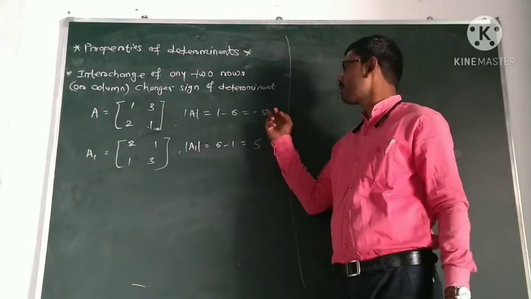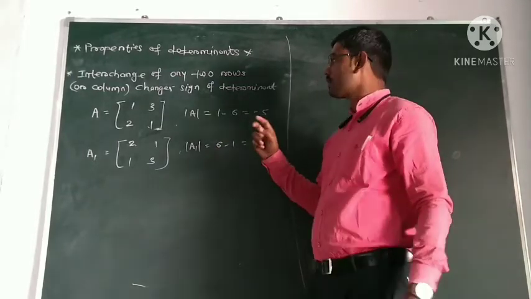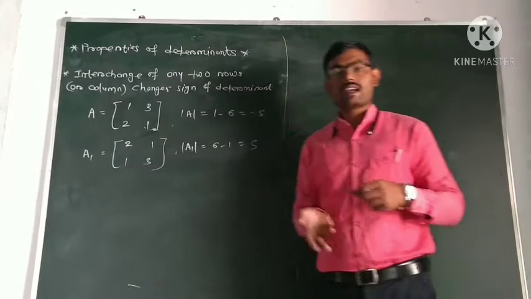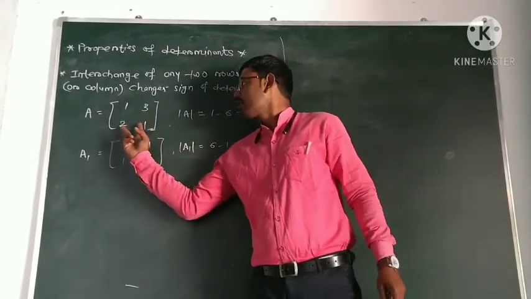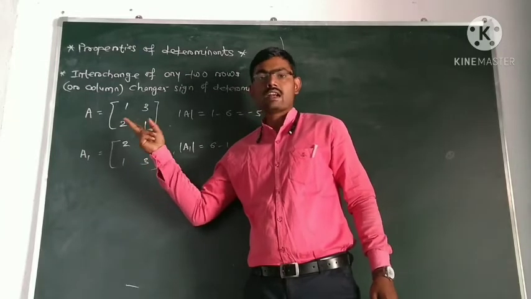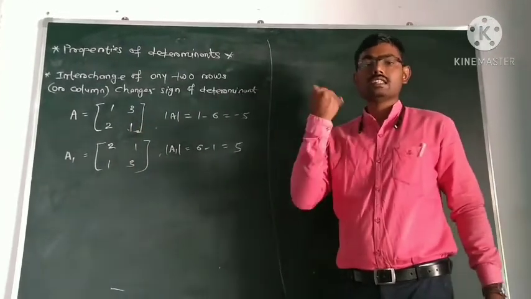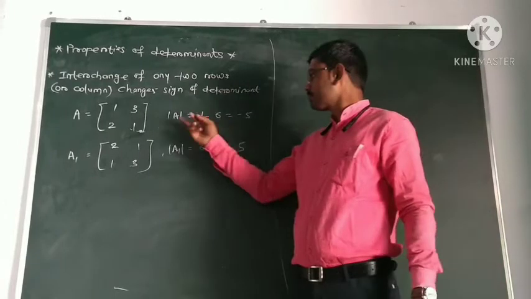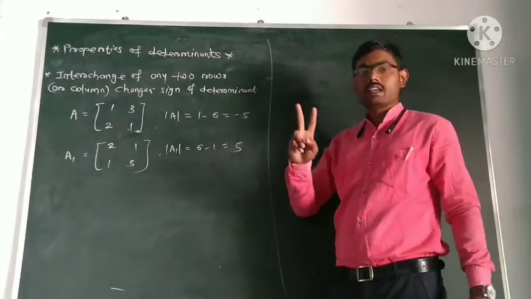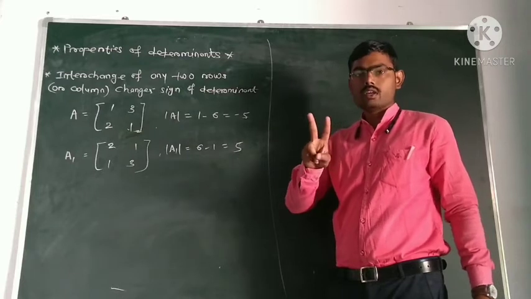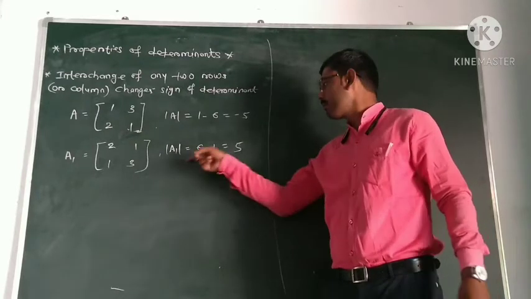Now see, here it is minus 5, here it is plus 5. So if you interchange any two rows of the matrix, or you can also check, if you interchange two columns of the matrix, it will change its sign. Here matrix A has determinant minus 5, but we have interchanged two rows, so it becomes plus 5.